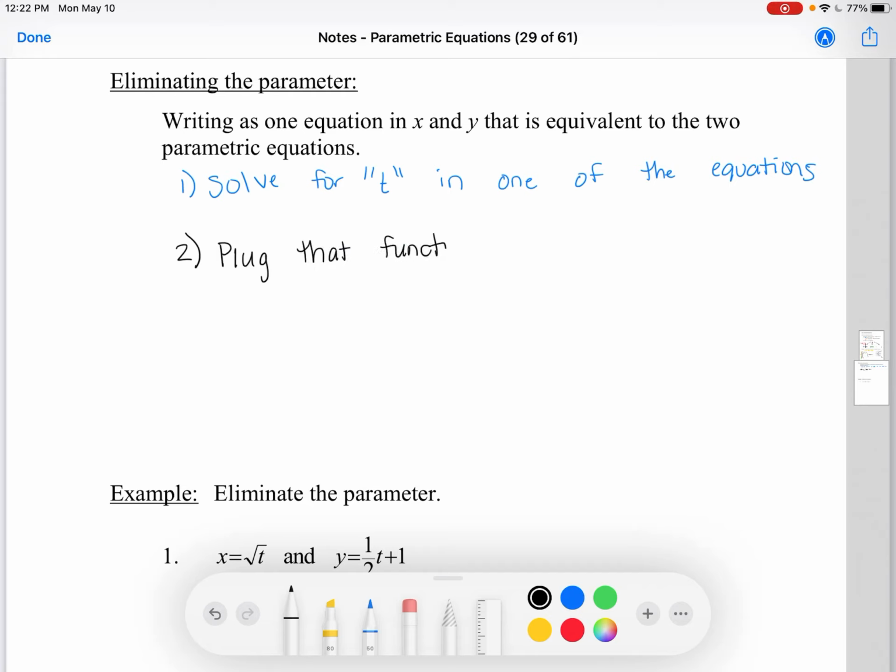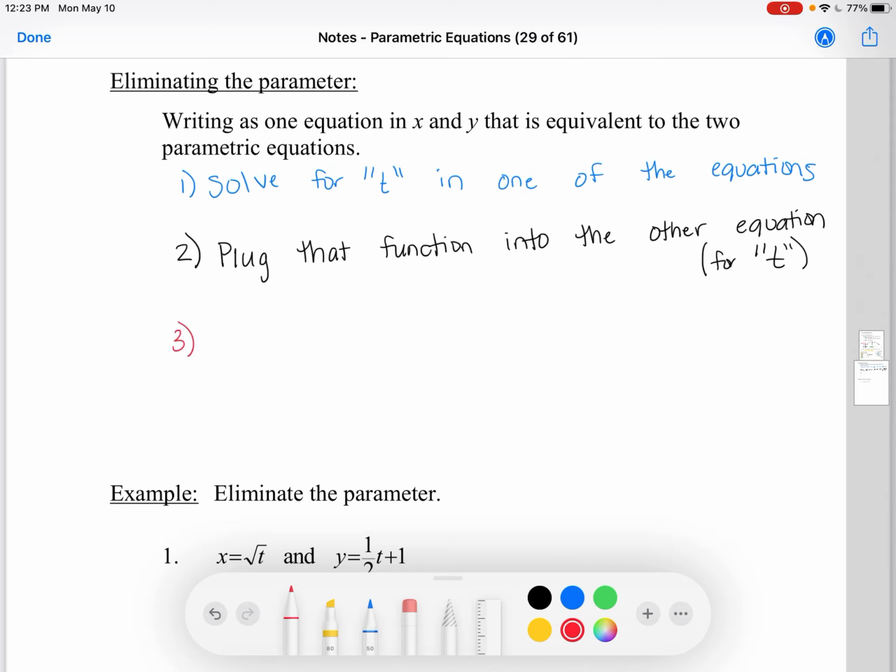Or plug that function. That way we're not using the same words over and over again. Plug that function into the other equation. Now, of course, if we already solved for t, then when we go to plug that function into the other equation, we're plugging in for the letter t in the other equation.